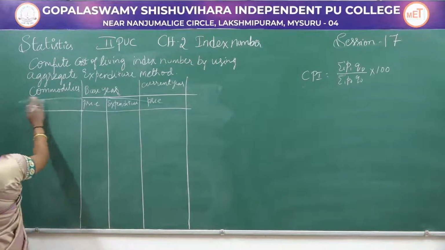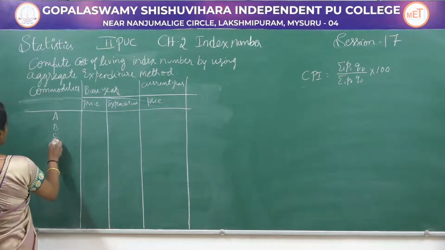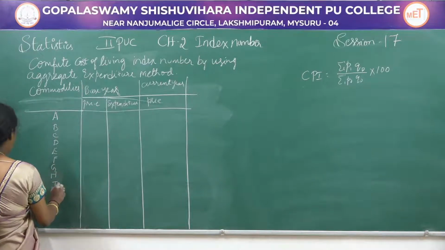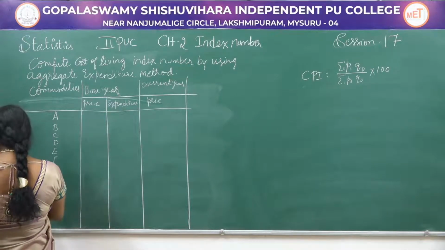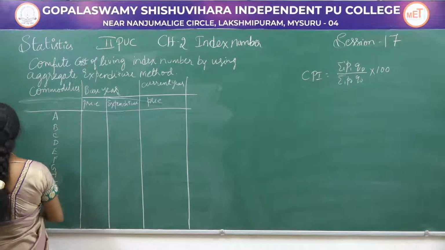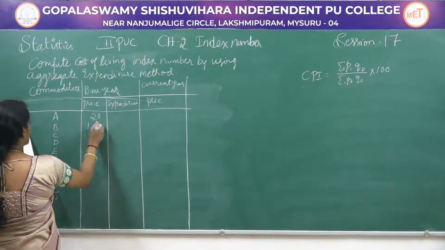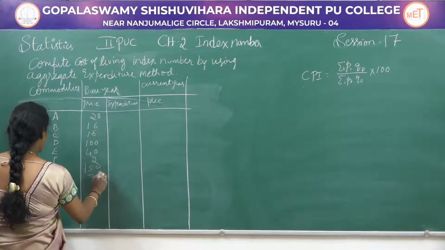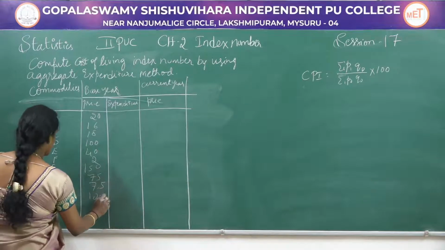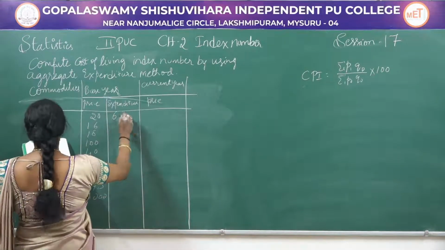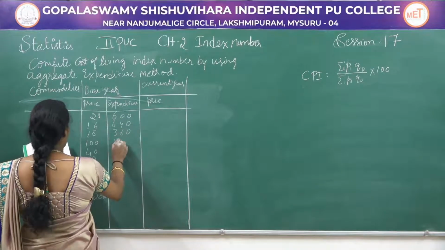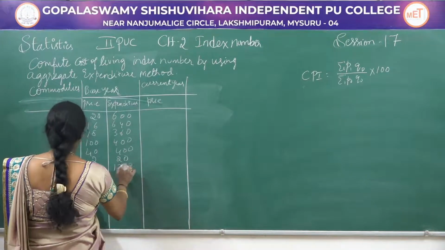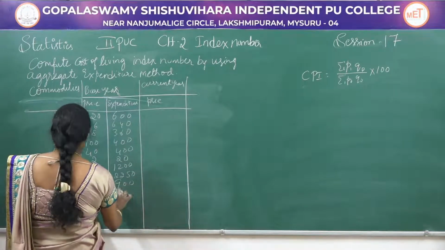The commodities are A, B, C, D, E, F, G, H, I and J. Base year prices are 20, 16, 18, 100, 40, 2, 150, 75, 7.5 and 1000. Expenditure is 600, 640, 360, 400, 400, 20, 1200, 2250, 900, 1000.